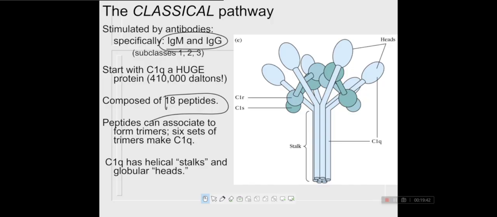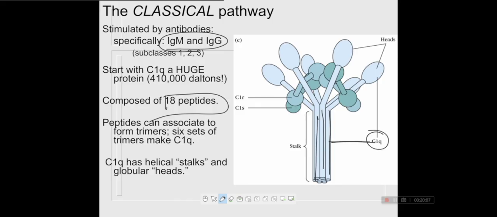Peptides can associate to form trimers. 6 sets of trimers make C1q. See here, this is 6 sets of trimers that make a C1q, right?